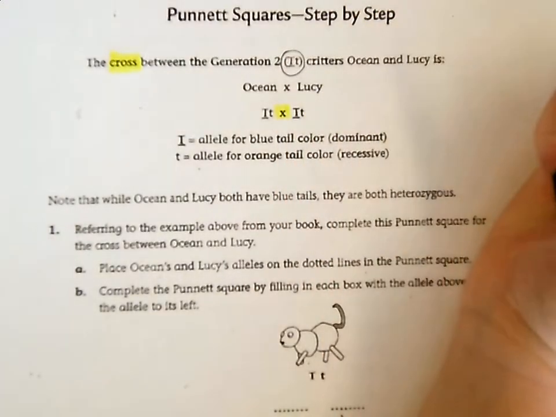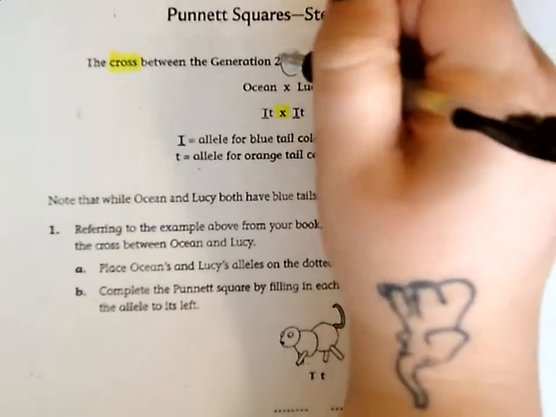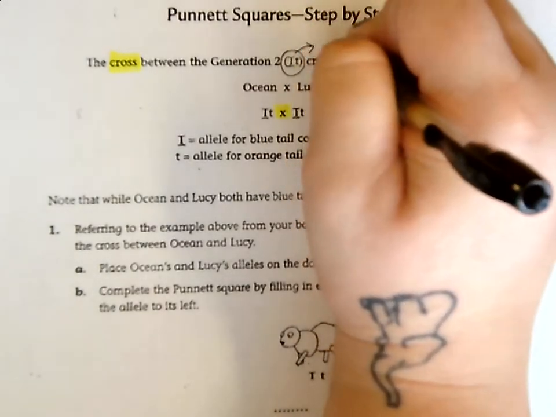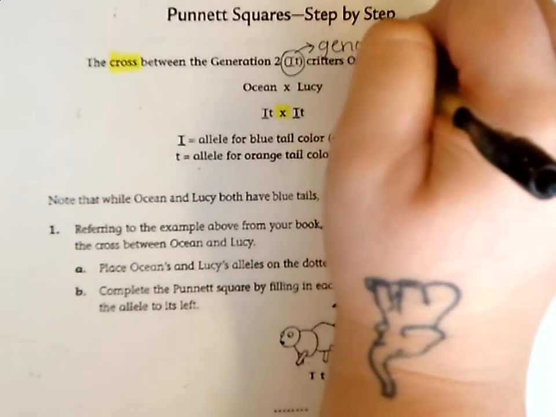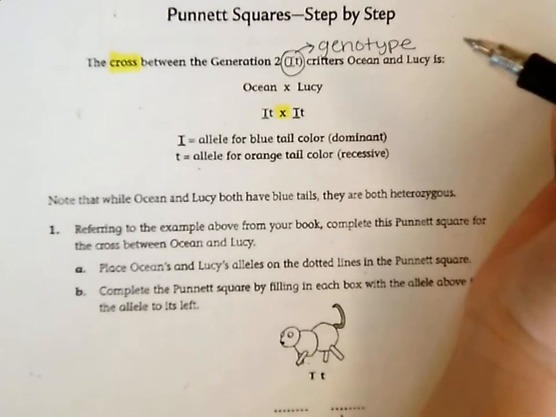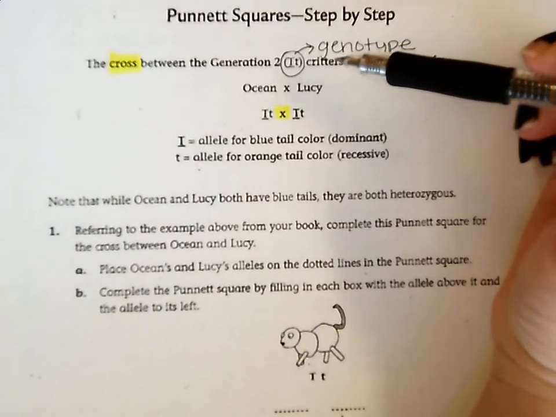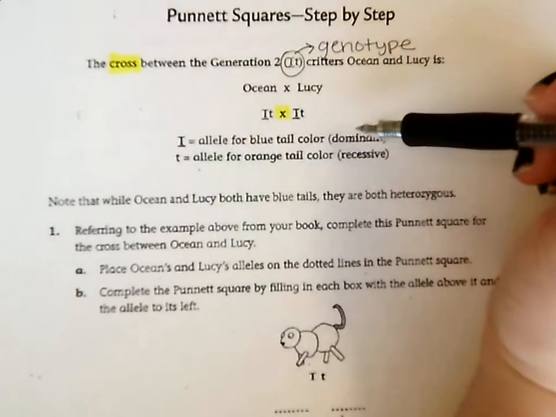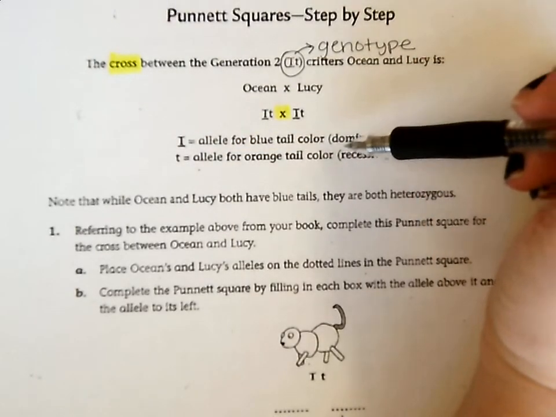So anytime you see any type of letters, you can use any variable. It doesn't have to be T. This is a genotype. Remember, you get one allele from mom, one allele from your dad. So anytime you see a capital T, that's going to be the dominant trait, and that's going to be a blue tail.